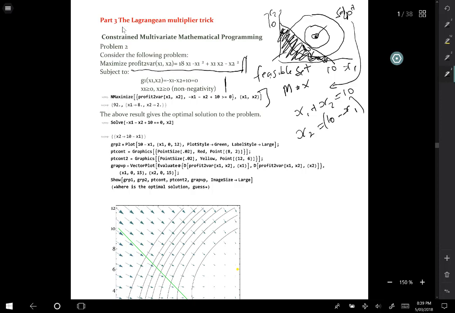When it comes to Mathematica, it's really straightforward to solve these problems, and we're doing it here so we know what the values are. So you put in the objective function there, and then you put in the constraint there. We forget about the non-negativity constraints, just check that the solution satisfies them, and say we're going to maximize over x1 and x2, and you get a solution.